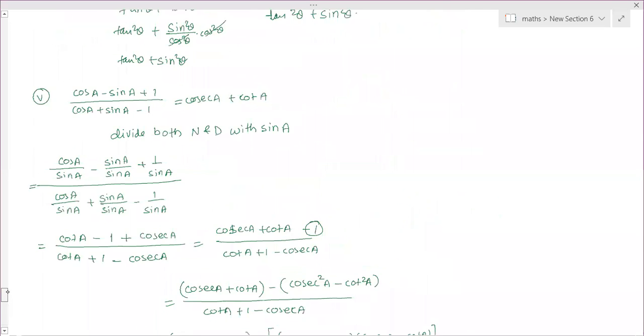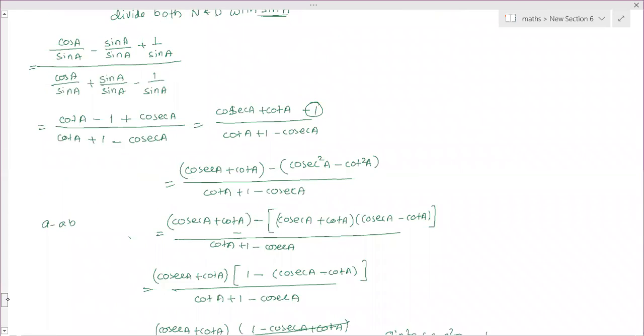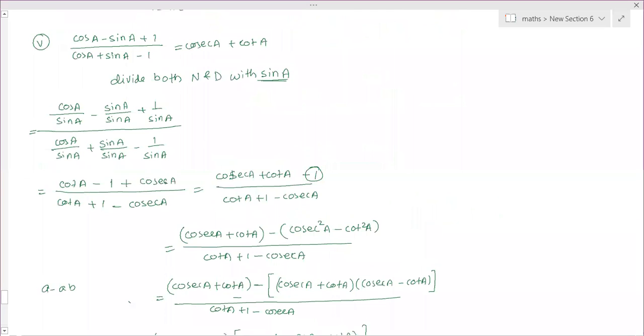This is the reason, the same question, why I have divided with sin A, so that I can convert the equation in terms of cot and cosec, so that I can replace 1 with cosec square minus cot square, because this is in the form of a square minus b square.